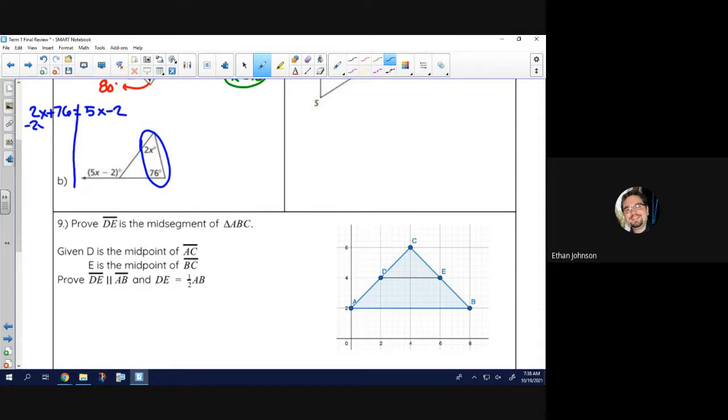Subtract 2x from both sides. 76 equals 3x minus 2. Add 2 to both sides. 78 equals 3x. Divide both sides by 3. X equals 26.